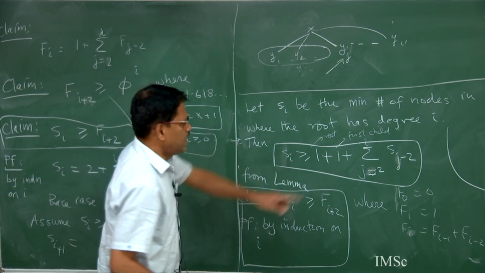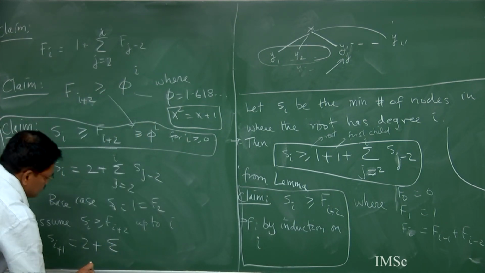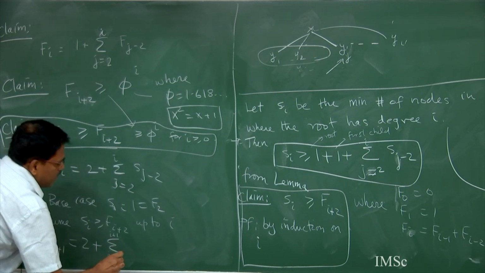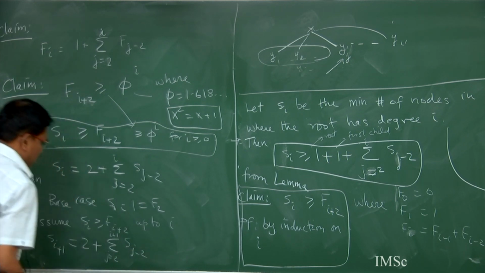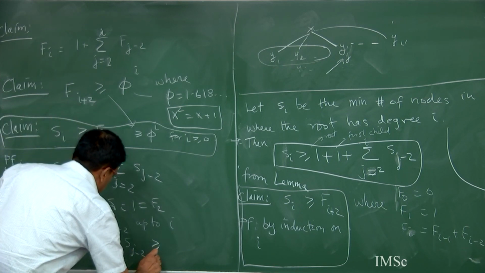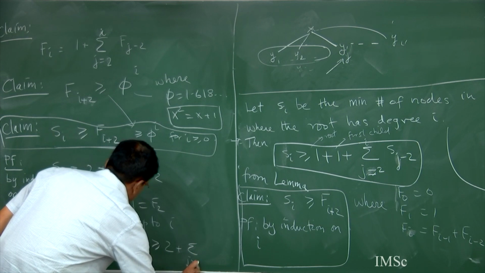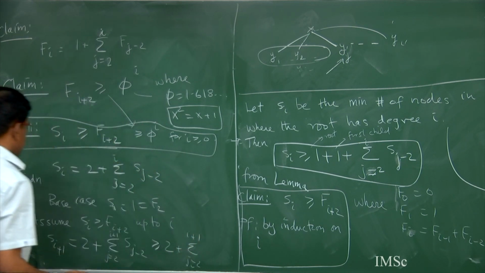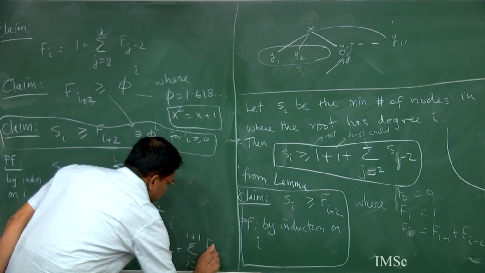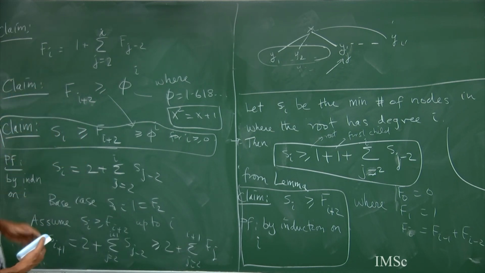From here, it is 2 plus summation j equal to 2 to i plus 1 of S(j minus 2). By induction hypothesis, it is greater than or equal to 2 plus summation j equal to 2 to i plus 1, where S(j minus 2) is greater than or equal to F(j). And then from this claim, it should follow, right.